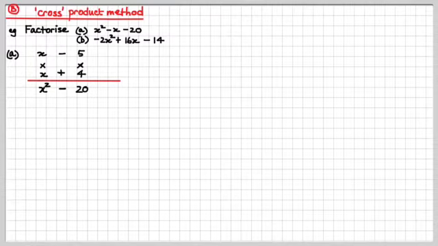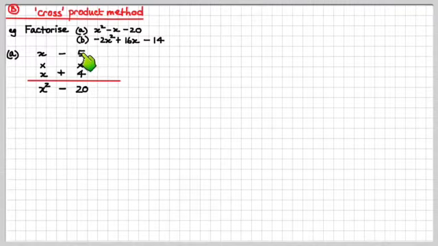Now we'll do the rear term. Now, this is the minus 20. Okay? So I'm saying that minus 5 times plus 4 multiplies together to get me minus 20. Okay? That takes care of that. So I've got the front term done here. I've got the back term, the rear term done here.